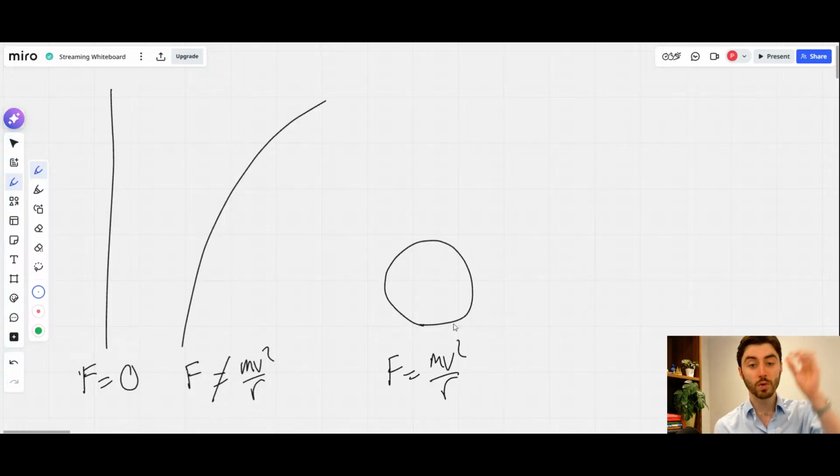Okay, so if F equals mv squared over r, then it will move in a circle. If the resultant force is anything other than mv squared over r, then circular motion cannot be maintained, and it will not move in a circle anymore. The reason why is because of Newton's first law, right? Anything left on its own would want to move in a straight line.